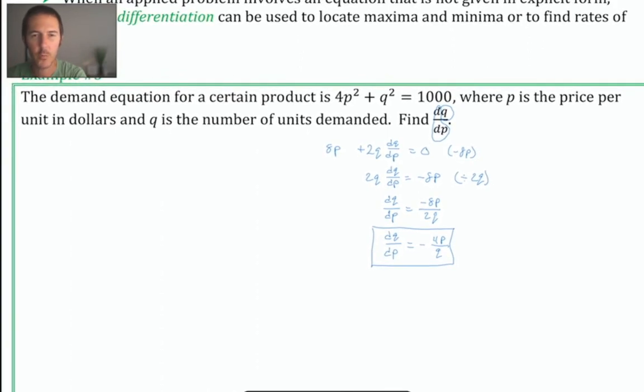You might run into a homework problem that asks you to find the rate of change of demand with respect to price generally, and you would have this as your answer, negative 4p over q.